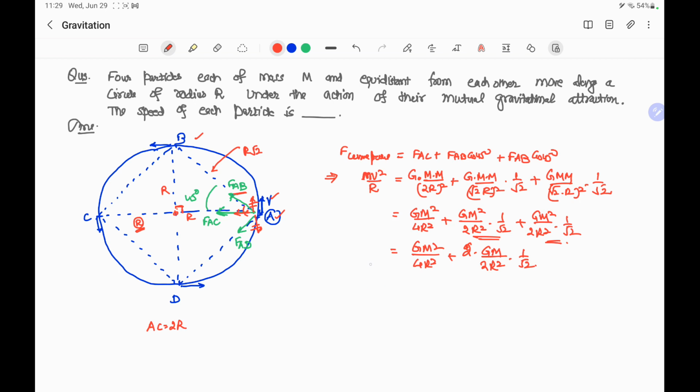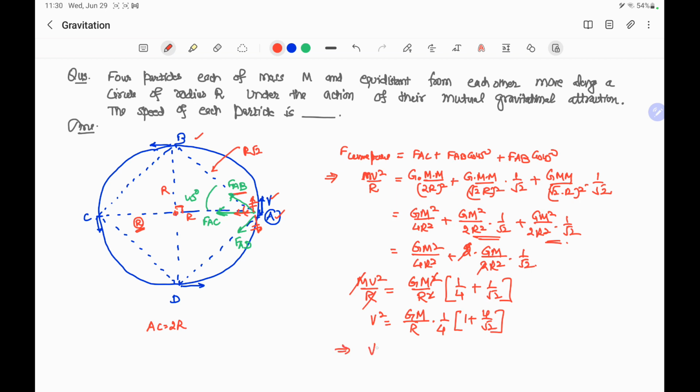So it is mv square by r, that is equal to, taking common, GM square by r square, remaining is 1 by 4 plus this 2 gets cancelled and it is 1 by root 2. This m and r also get cancelled, therefore v square will be equal to GM by r, and taking 4 common from the denominator, we will have 1 plus 4 by root 2.